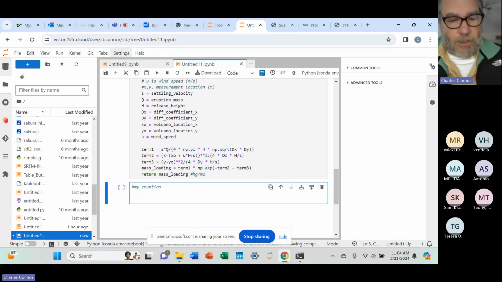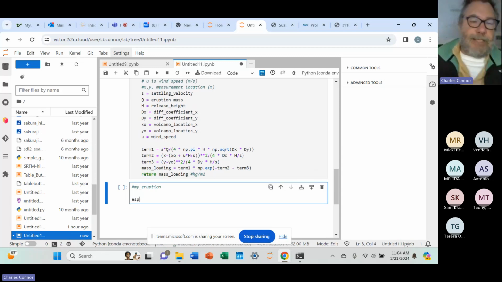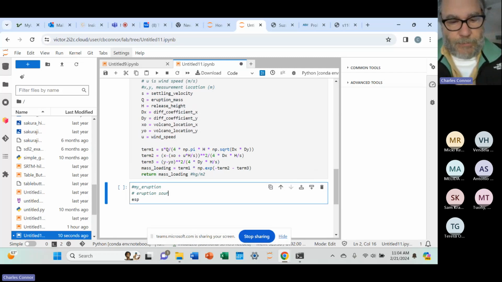Okay, so I'm going to define a set of variables to do that, and I'm going to call them ESP for eruption source parameters. And so if you read the literature on Tephra or just about any other model, we often talk about these eruption source parameters.